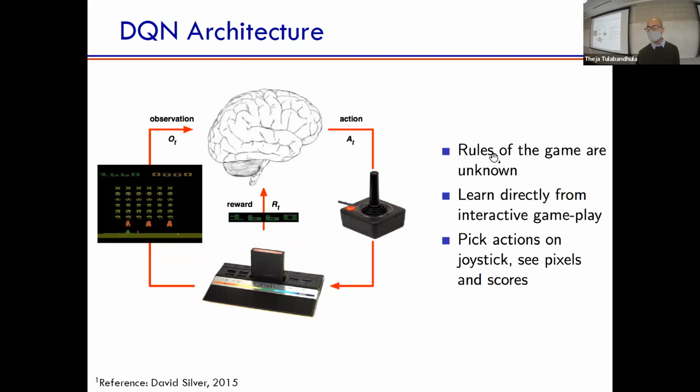Rules of the game are initially unknown, so think of the first time you're playing, you just don't know what leads to high scores, but you'll play again and again, and hopefully you'll figure out, hey, if I do this or that action, I'm getting a higher score, and then you'll survive and so on. So you're directly learning with interactive gameplay, and that's exactly the reinforcement learning setting, because you're getting reinforced by your trial and error choices, which is exactly exploration and exploitation.